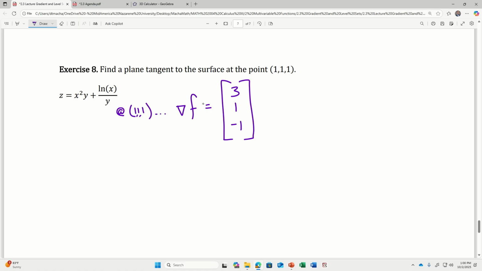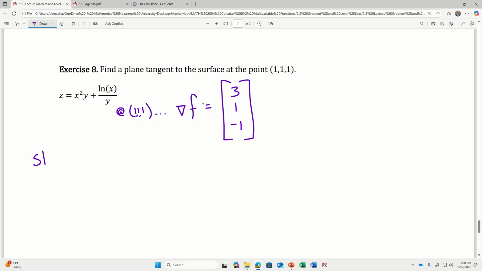How do I find a plane if I have a vector orthogonal to the plane? In other words, how do I find the plane if I already know the normal vector? You gotta dig way back in your memory.